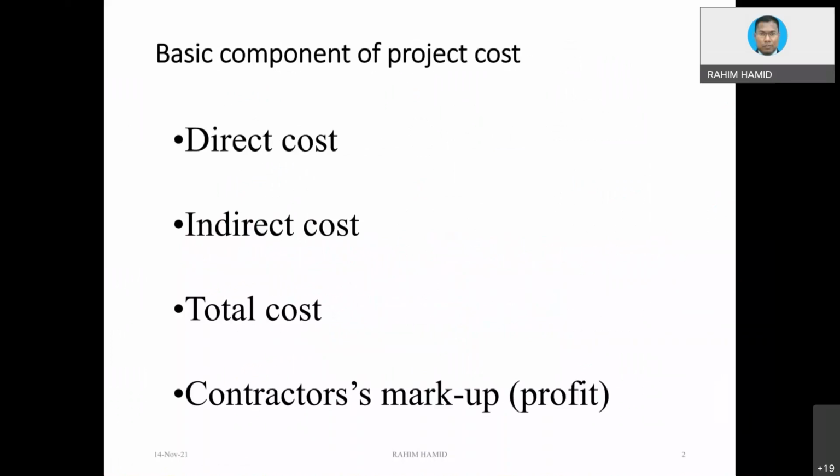We already mentioned some definitions about direct costs, associated mostly with man, machine, and material. And then indirect costs are basically overhead costs. When you add those together, this would be the total cost. Another component is basically profit.